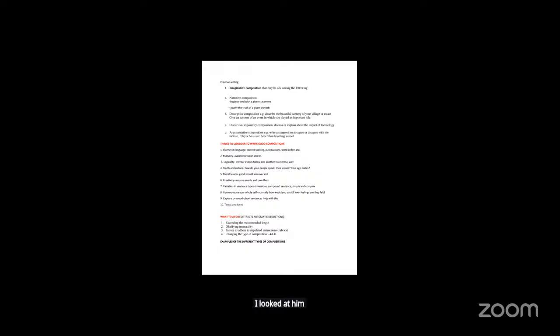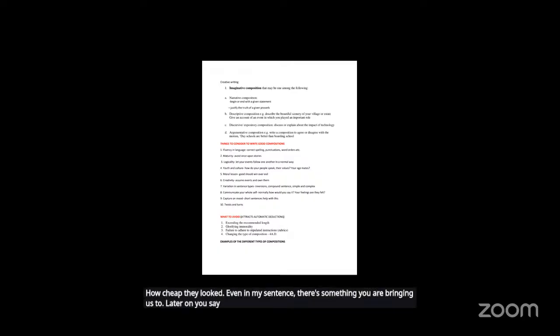A short man of about 4, I don't know whether it is feet, whatever, but we're talking about height. He had some wire-rimmed glasses. How cheap they looked. Isn't it a sentence? Fupi fupi. There's something you're bringing us to. Later on, you say, I had wanted to meet my father. Another full stop.